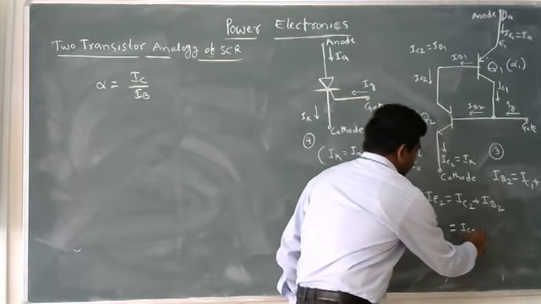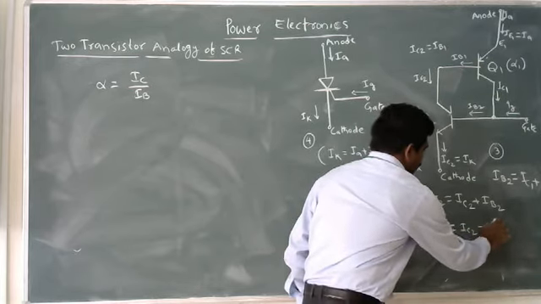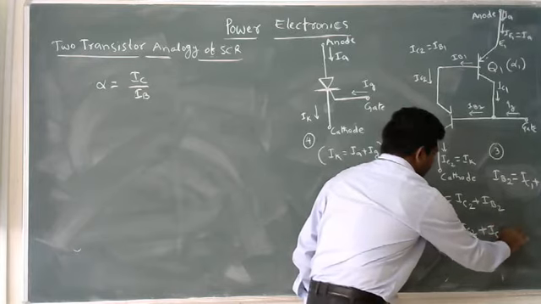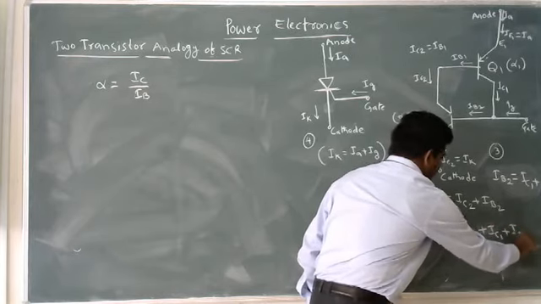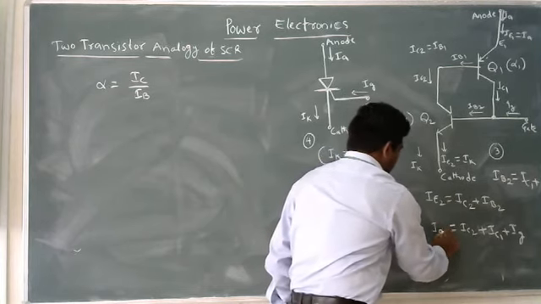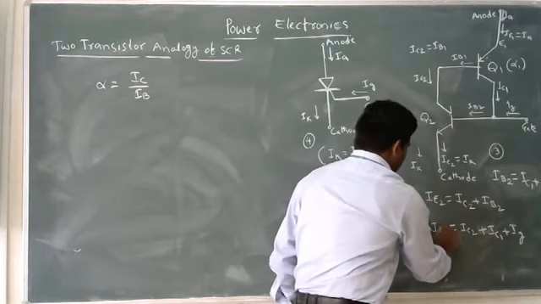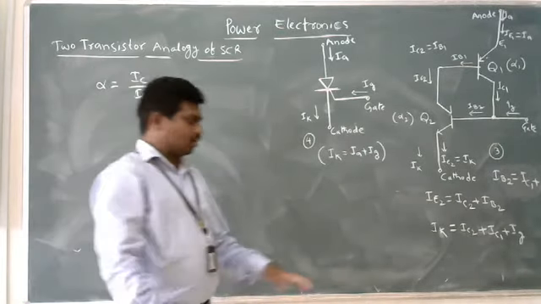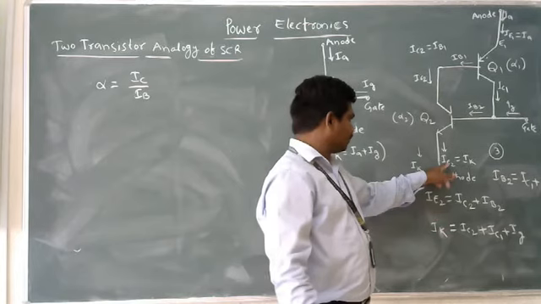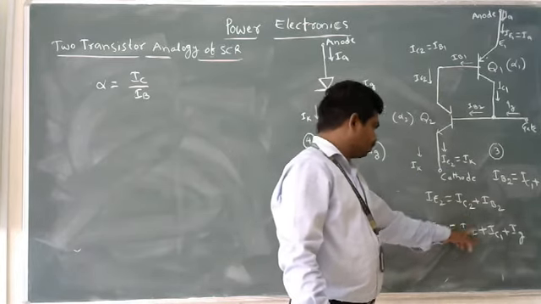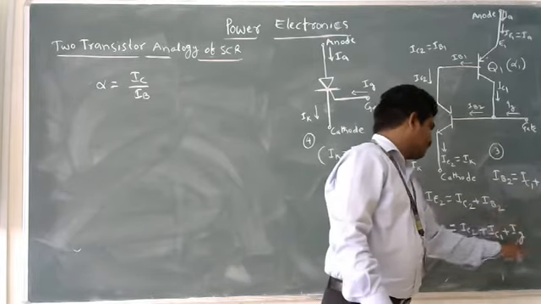Then IE2 is equal to IC2 plus IC1 plus IG. This IE2 is nothing but IK. So IK is equal to IC2 plus IC1 plus IG.